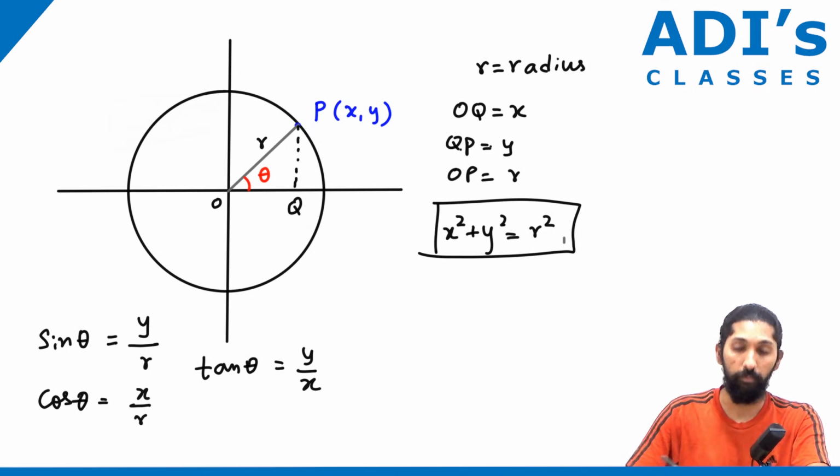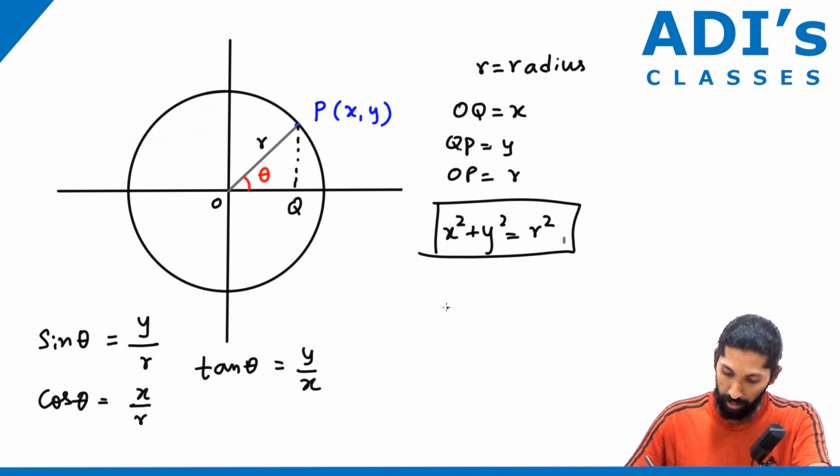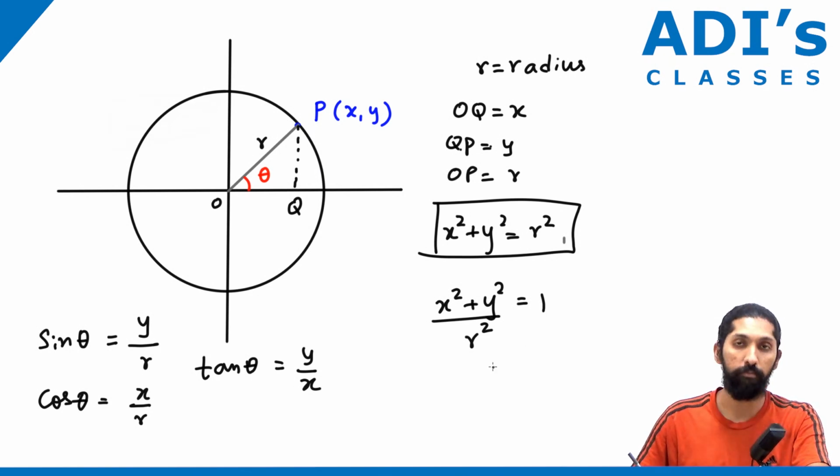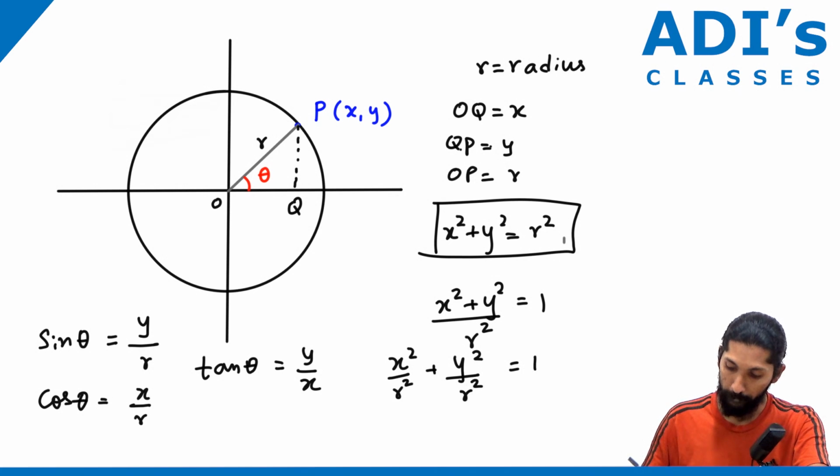If you divide both LHS and RHS by r square, you get x square plus y square divided by r square is equal to 1, because r square by r square is 1. Individually dividing, you get x square by r square plus y square by r square is equal to 1.